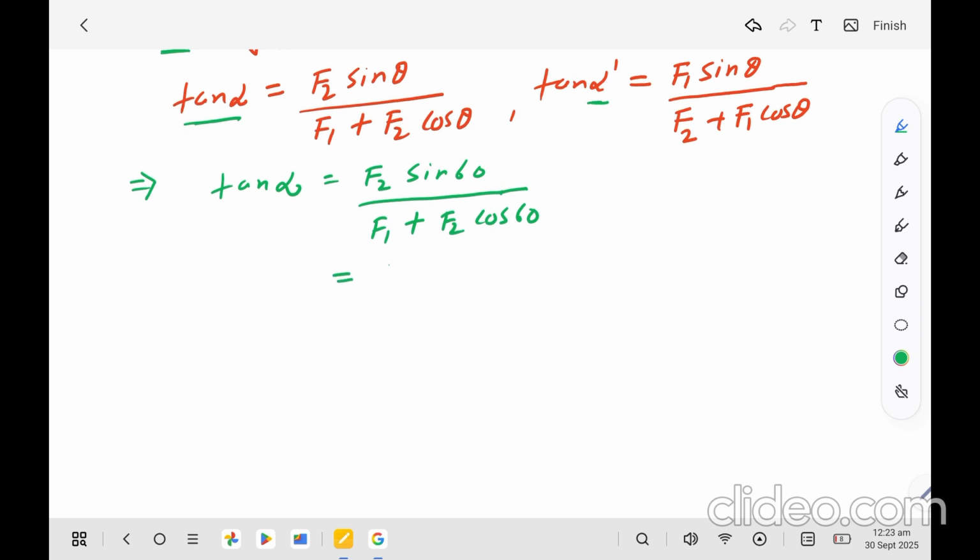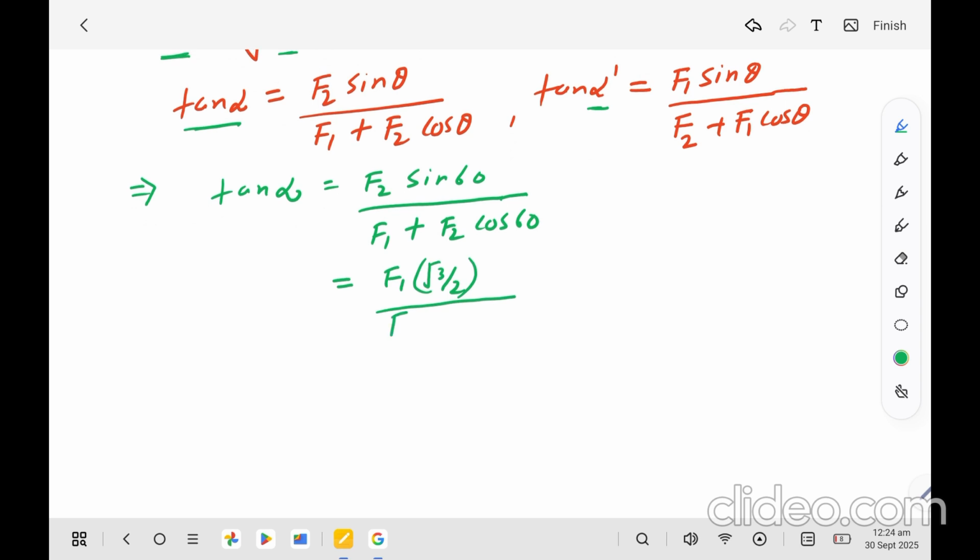Okay, so F2 root 3 by 2 divided by F1 plus F2 by 2 equal to tan 35.